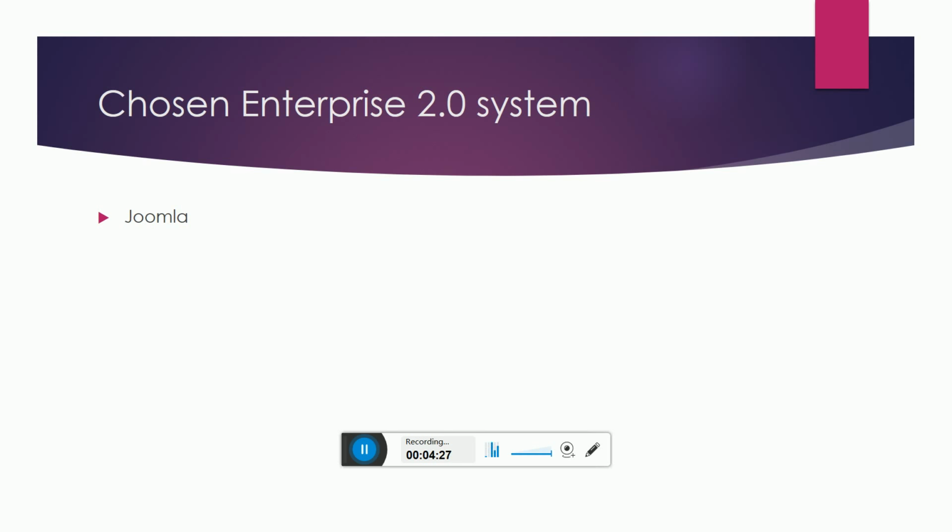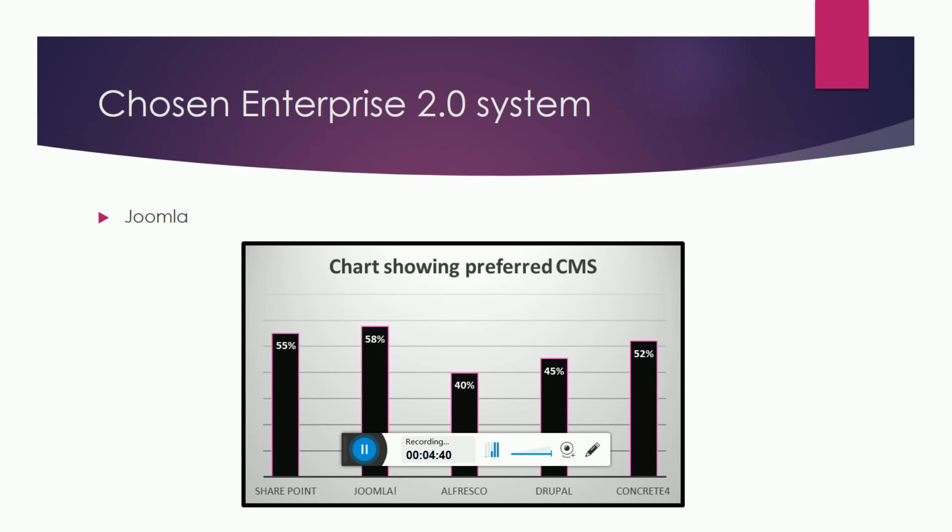The chosen Enterprise 2.0 system. For this presentation, I chose to discuss Joomla. A weighted score model was done in order to come up with the most preferred system, and the most preferred system based on a number of factors was Joomla.